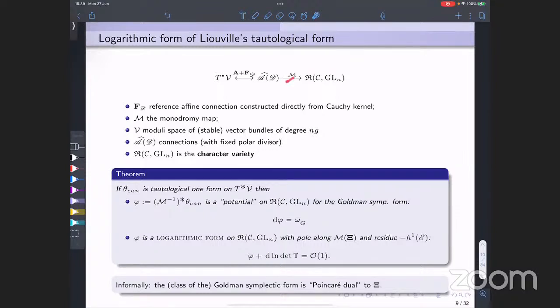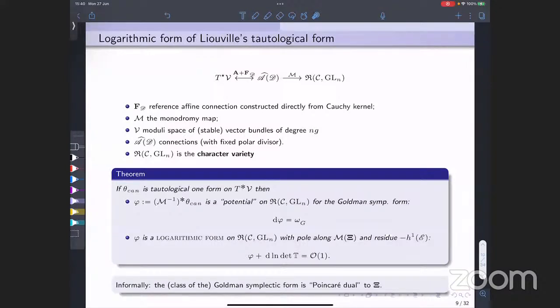And this M is the monodromy map. So it's like Painlevé, right? You have an ODE, you have a monodromy map that gives you a matrix representation of the fundamental group, modulo action of groups, but this is the so-called character variety. It's just representation of the fundamental group.